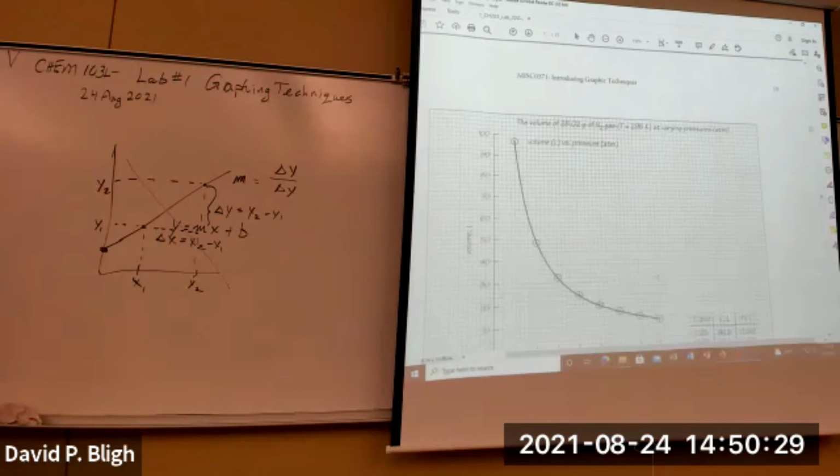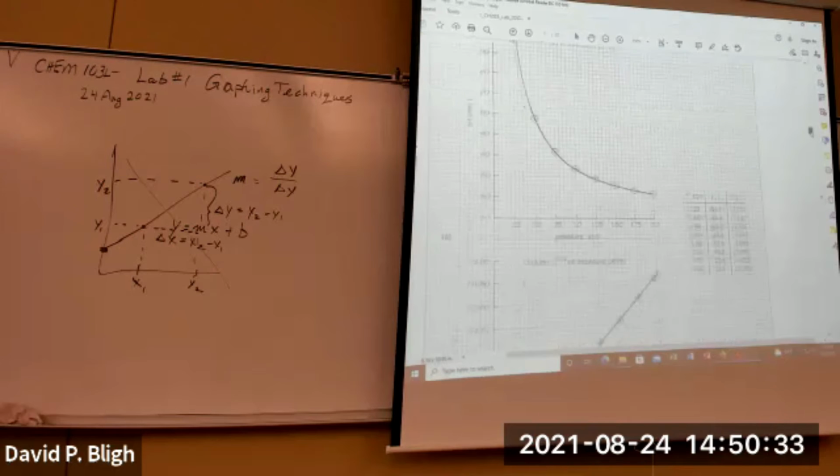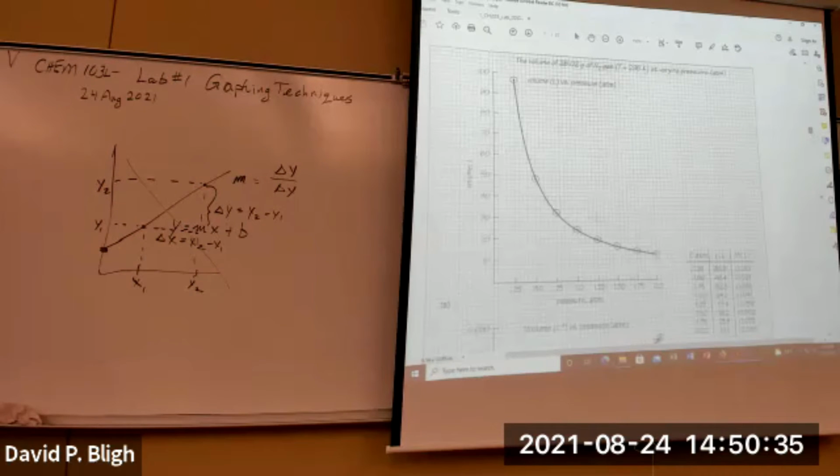So this is a plot of Boyle's experiment. Pressure down here is the independent variable, volume is the dependent variable. And the best fit curve is known as a hyperbola.